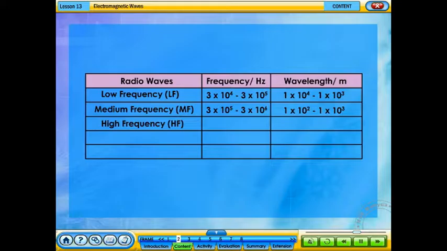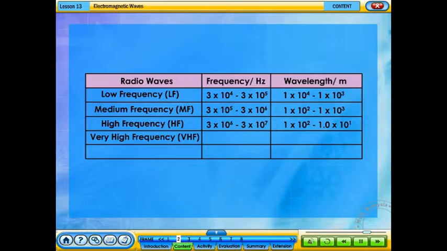The shortwave, SW, or high-frequency, HF radio frequencies range from 3 times 10^6 to 3 times 10^7 Hz. The corresponding wavelengths for these frequencies are between 1 times 10^2 to 1 times 10^1 meter.